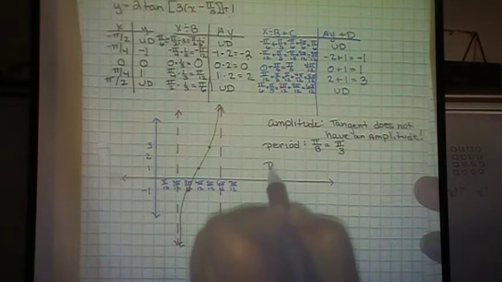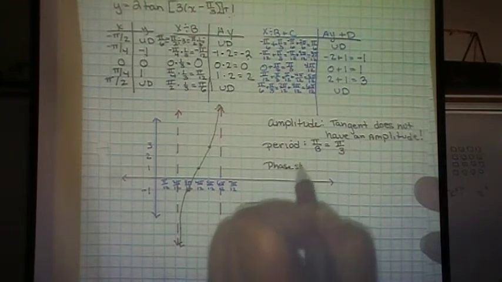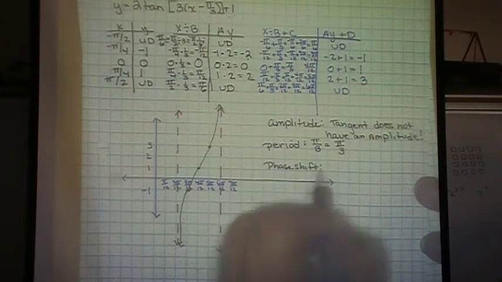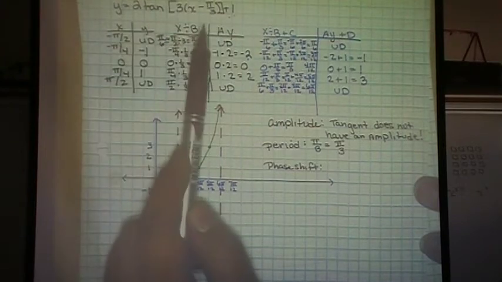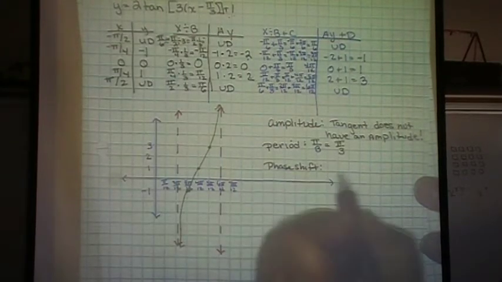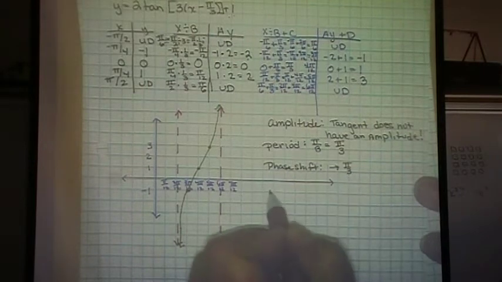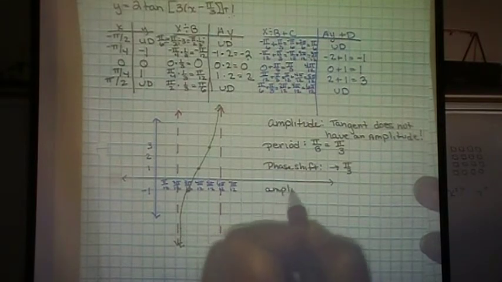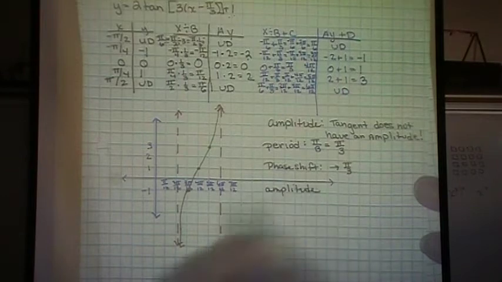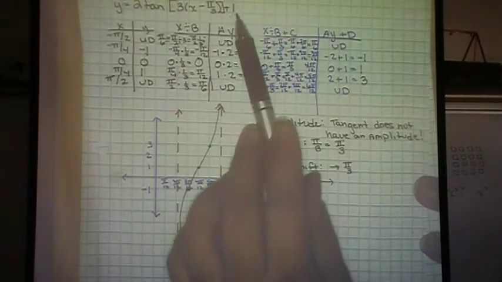Our phase shift. That's our c value. We move to the right pi over 3. Our vertical shift, we moved up 1.